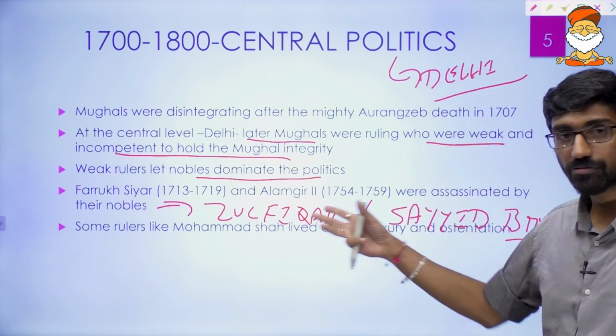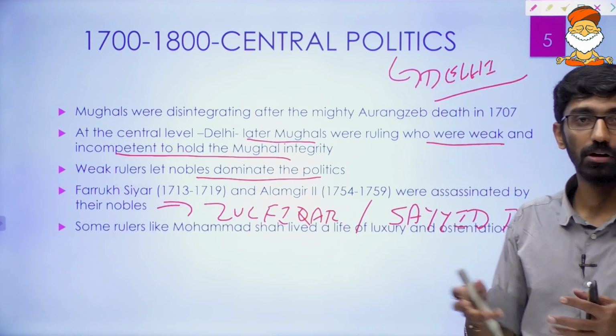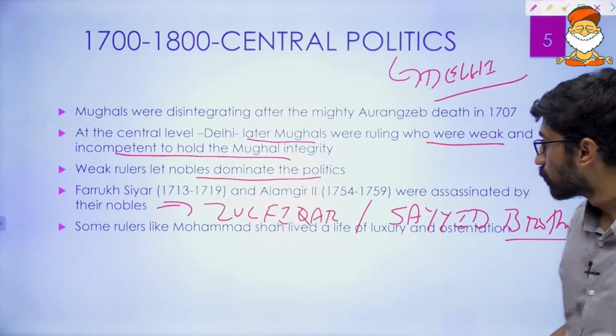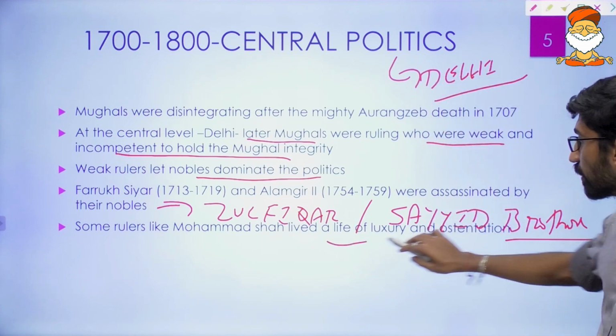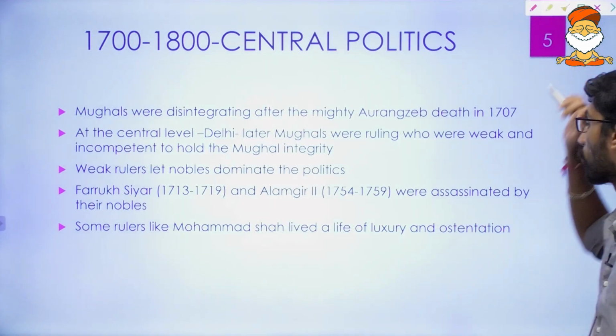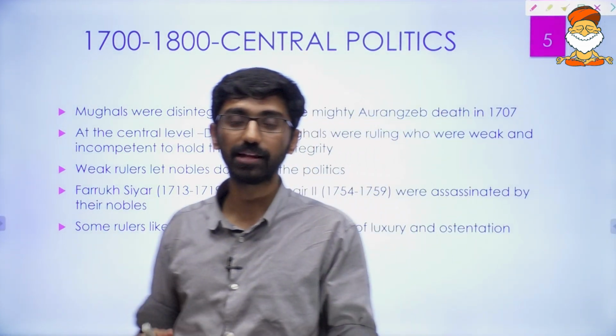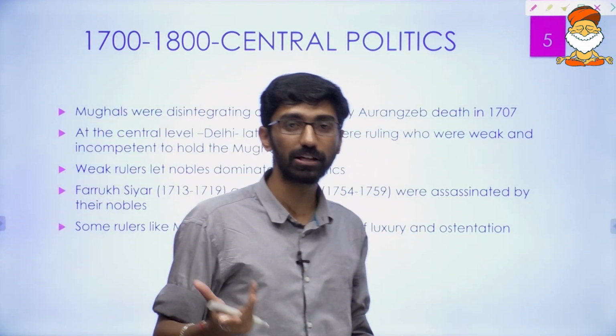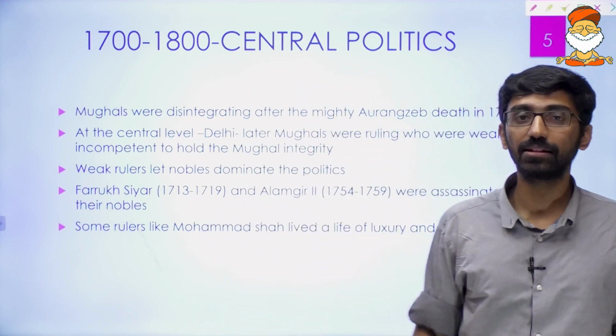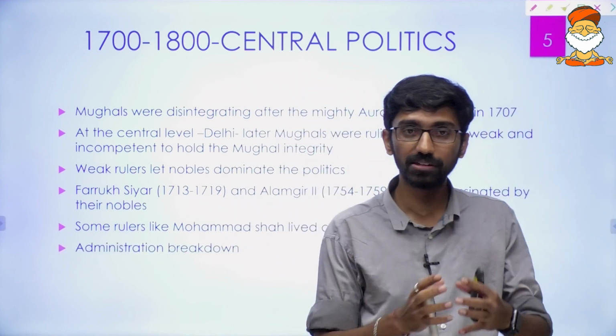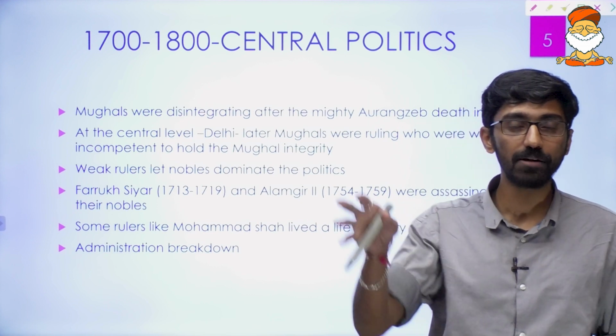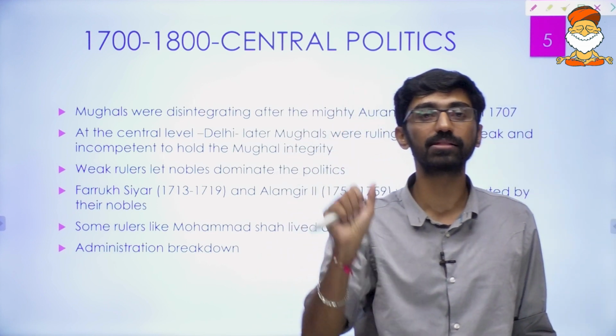Some other rulers like Muhammad Shah, who is famously called Muhammad Shah Rangila, lived a life of luxury as well as ostentation. What do I mean by ostentation? That is a life of display, a lavish lifestyle. All these things led to the administrative breakdown. That was the major thing India was facing, because the political structure was crumbling at the center.